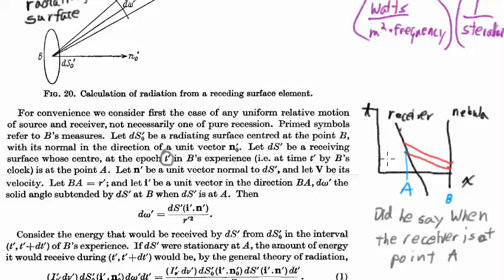This would be t prime, and this would be t prime plus dt prime. But he says that that is the point in A's experience. So I'm thinking he forgot to say when the receiver is at point A.